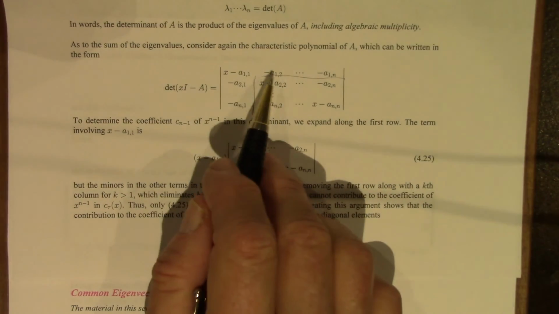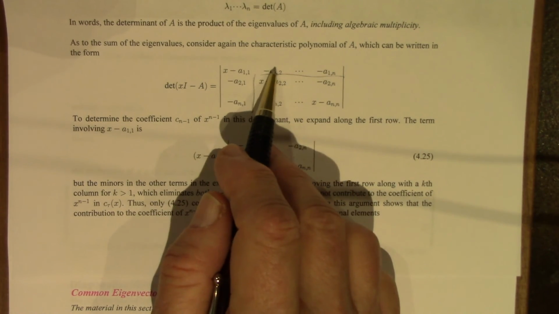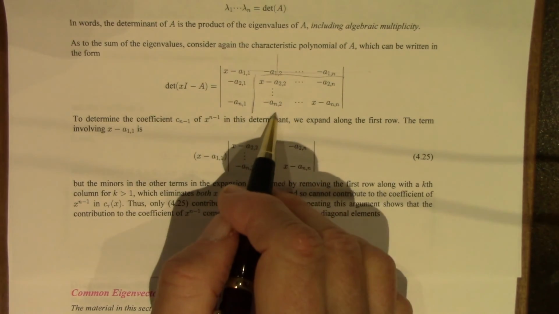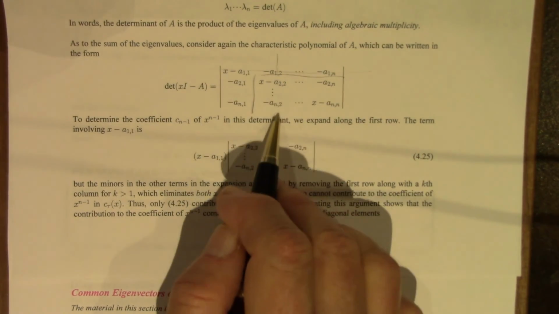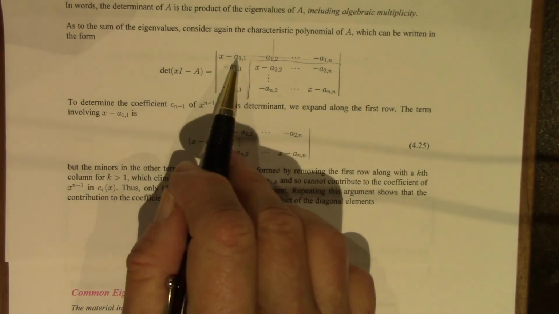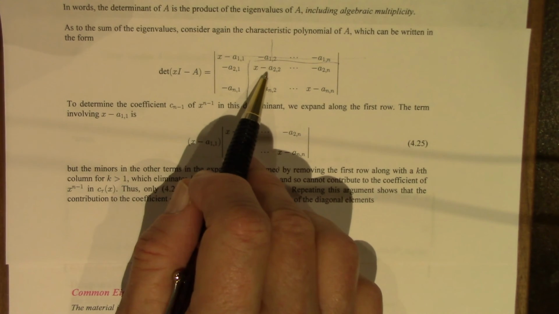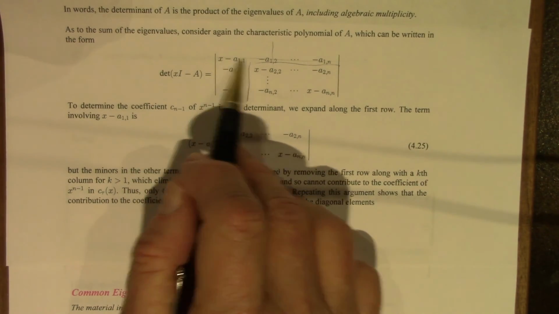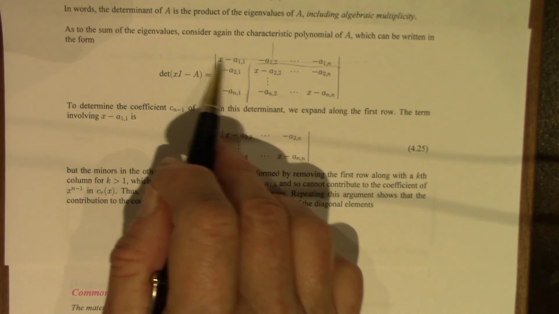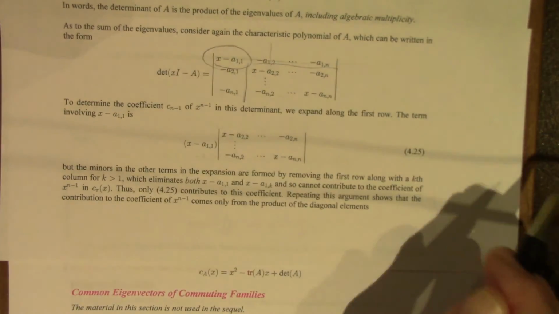But the next term and all the subsequent terms, notice what happens. We're going to have to cross out the first row and say the second column. We're going to lose 2 of these diagonal entries. We didn't lose 2 when we did the first part of the expansion because we crossed out first row and first column. We only lost this entry.